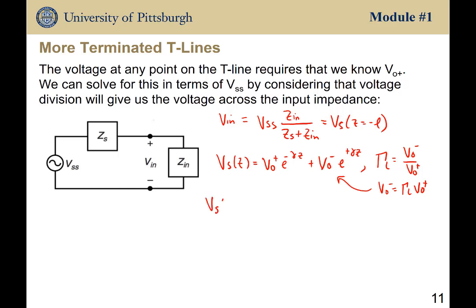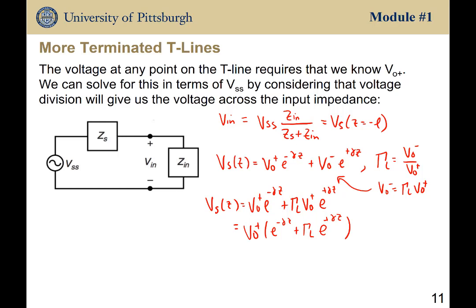When I do that, I get Vs of Z is equal to V0 plus e to the negative gamma Z, and then I'm going to replace that V0 minus with the reflection coefficient times V0 plus e to the plus gamma Z. The reason I'm doing that is because then I can factor out V0 plus, and I have V0 plus times e to the negative gamma Z plus the reflection coefficient e to the positive gamma Z. And this will tell me what my voltage is at any single point along the line. You put in any Z and it'll tell you what my actual voltage is.